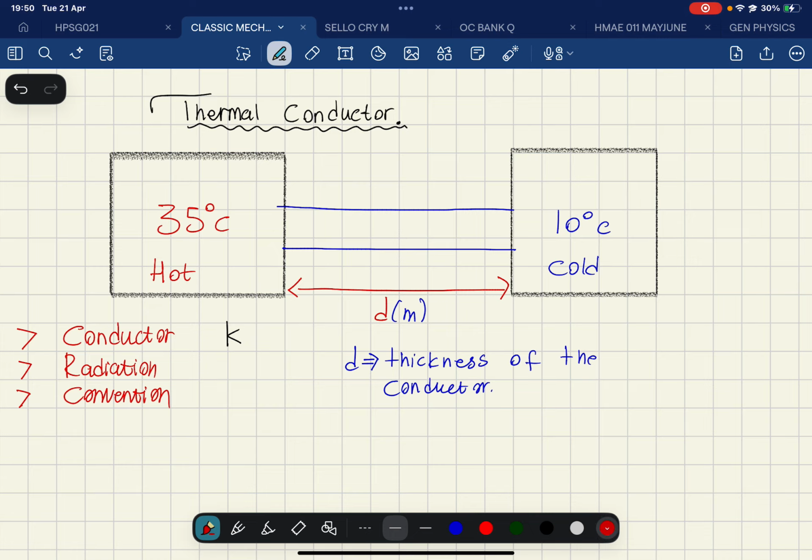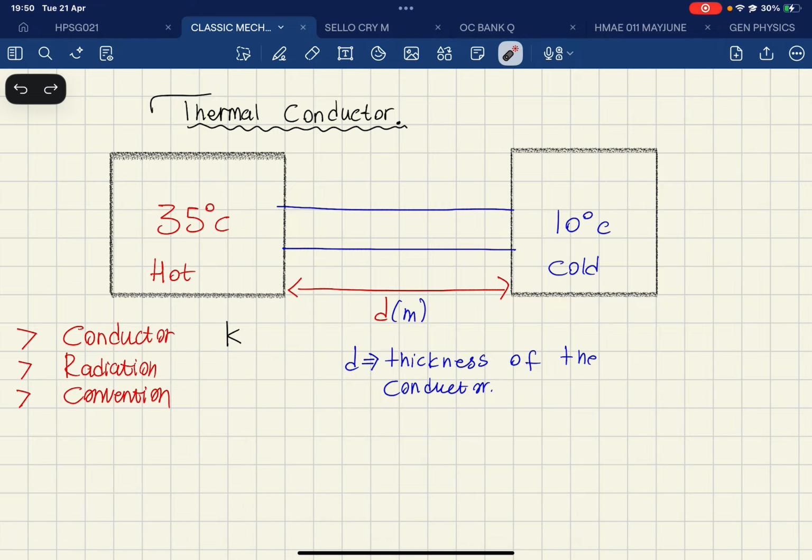Understand? So remember, when the heat is traveling, it is traveling through a certain area. The shape of a conductor can be circular, like this.